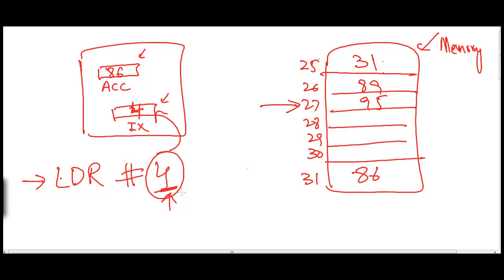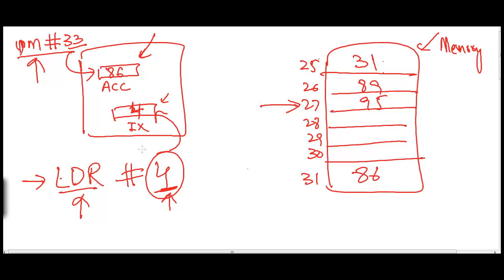Previously we used something like LDM #33, for example, and this would load this value 33 into the accumulator. LDM was a command used for immediate addressing for the accumulator, and this LDR is a command used for immediate addressing for the index register.